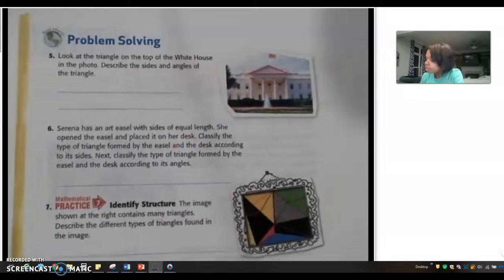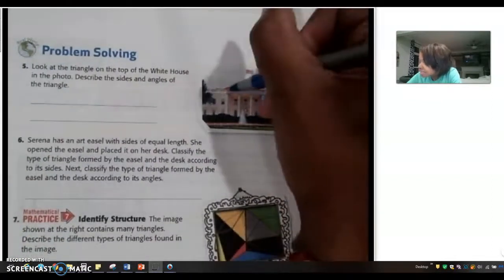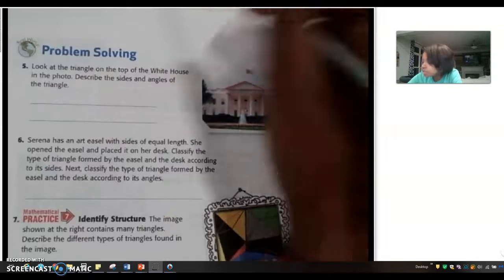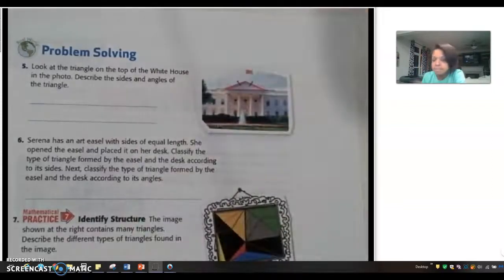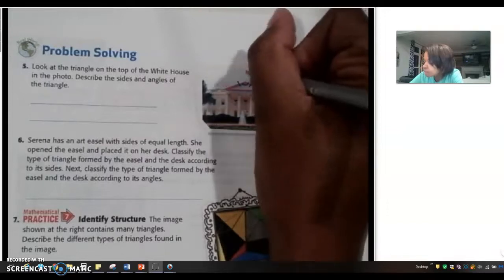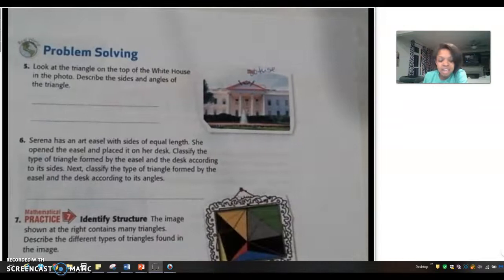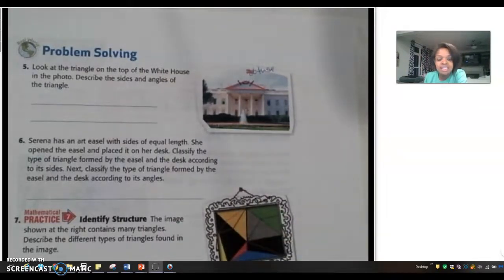Okay, so if I were to look at this triangle right here, I notice that this bottom line is much longer than these other two, but I do notice that these two are the same. I also notice that this angle here seems to be obtuse. So I could take a lot from this. I could say something like this has 2 congruent sides. I could say it has 1 obtuse angle.